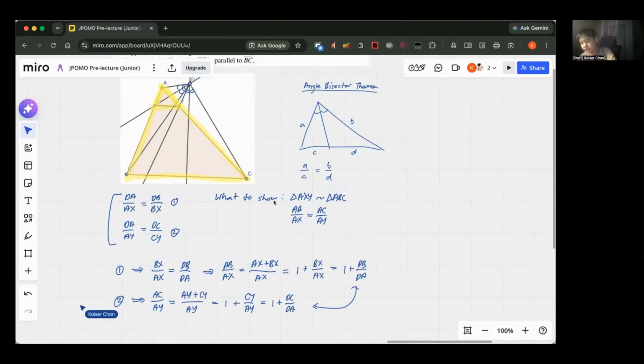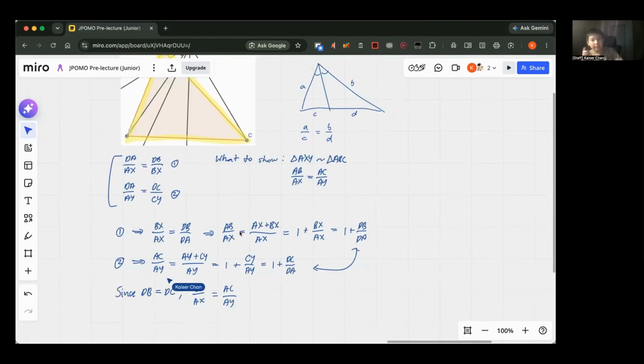A well-known fact is that since this is the perpendicular bisector of BC, we immediately know that DB equals DC. So since DB equals DC, we have AB over AX equals AC over AY. Okay. So essentially we have the proportion that we want already.